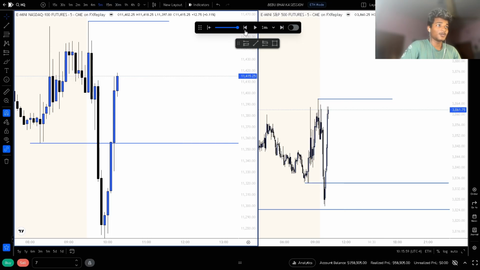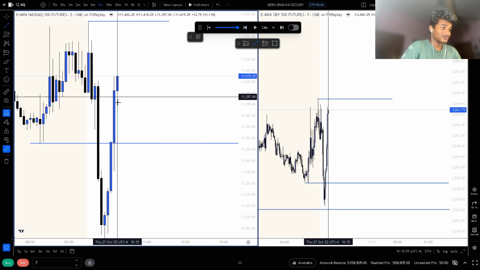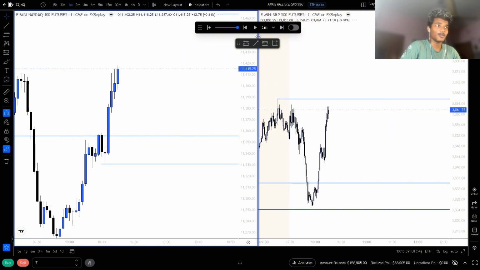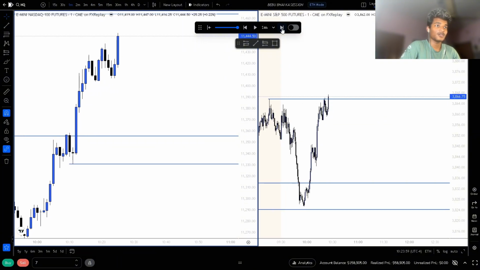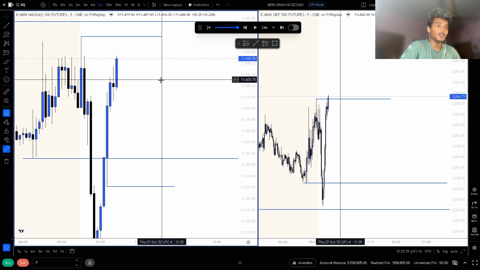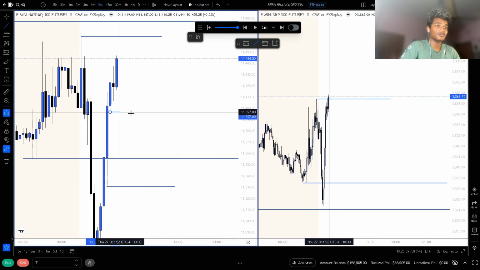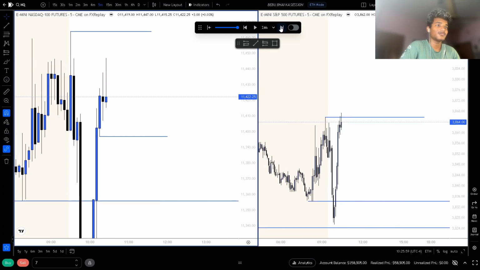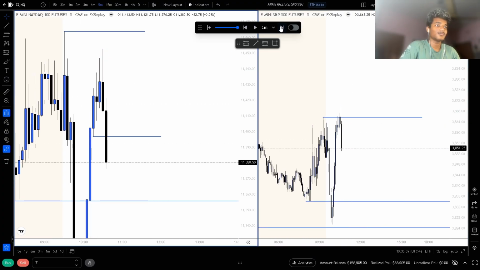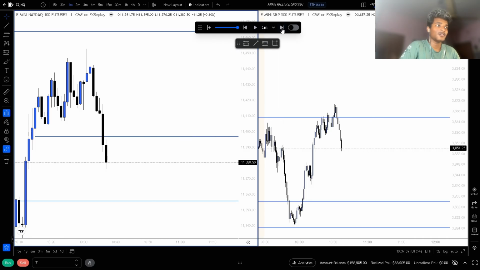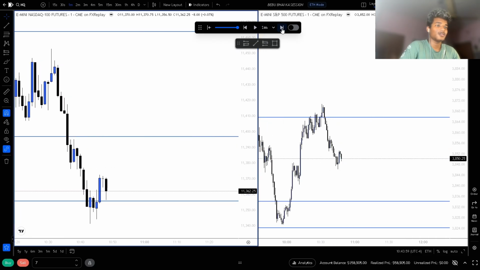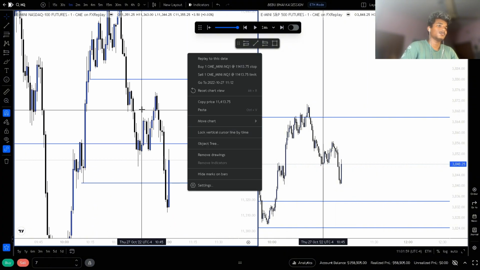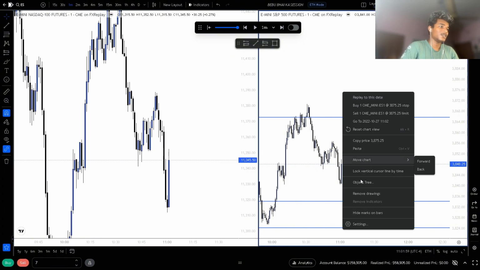So if we retrace into this 5 minute, I will try to take continuation longs from here. We made a new 5 minute gap at this point of time. ES has already taken out. So we tap this gap. Nothing for today as well, guys. Market is just very unpredictable.